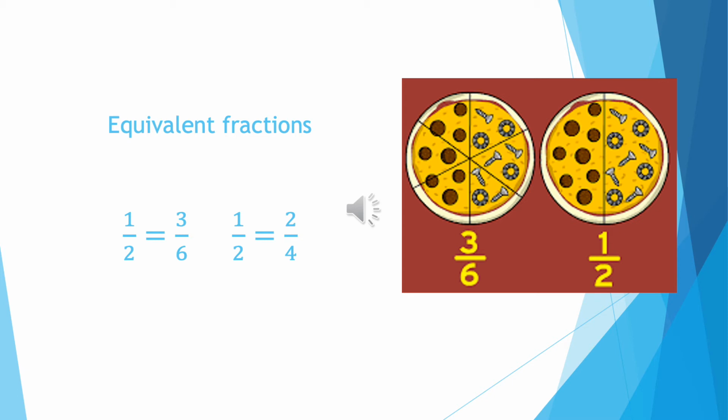On the first pizza, three parts I gave mushroom topping. But on the second pizza, I gave one part only for the mushroom topping. So actually they have the same size and the same part for the mushroom topping. So it means a half and 3 over 6 are equivalent fractions.